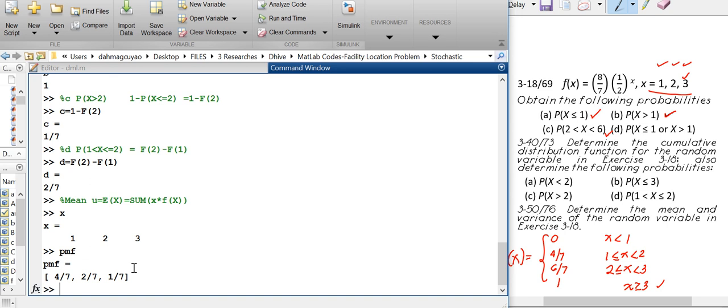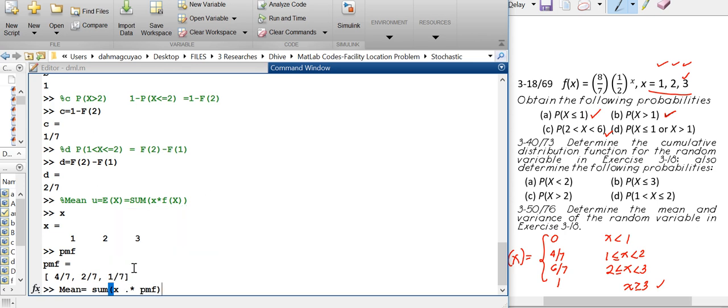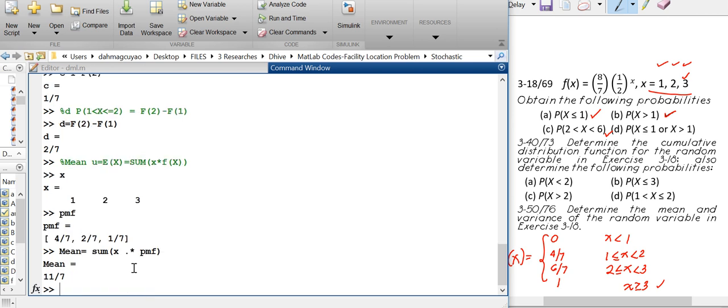So the mean is equal to the sum of all x's times the PMF. So it would be 1 times 4 over 7, plus 2 times 2 over 7, so again 4 over 7, plus 3 times 1 over 7, so 3 over 7. So 4 over 7 plus 4 over 7 is 8 over 7 plus 3 over 7 is 11 over 7. So that is the mean.